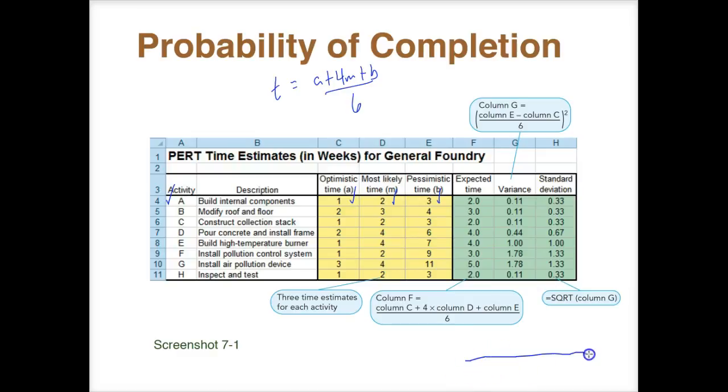Okay, so if we looked at that, this was 2 right in the middle, then 1 standard deviation to the left would be 2 minus 0.33, which would be about 1.67, and then 2 standard deviations off, that'll be about 1.33, and then this will be 1, and so on and so forth.